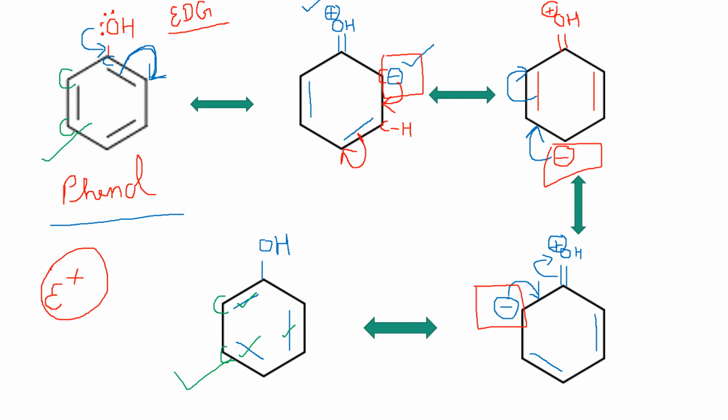Because the electron density is concentrated at ortho and para. Why so? Because OH is there. And when OH is shifting its electrons, using the resonance concept, we can explain it. When it is moving its electrons towards benzene, how the electrons are moving and how the electron density is being concentrated at ortho and para makes it very clear.